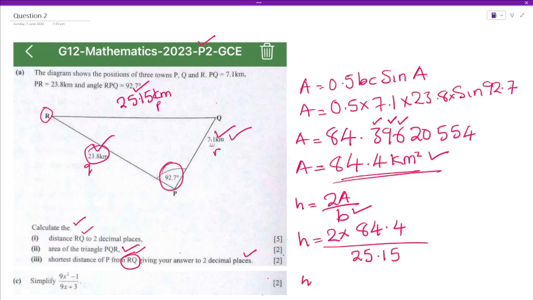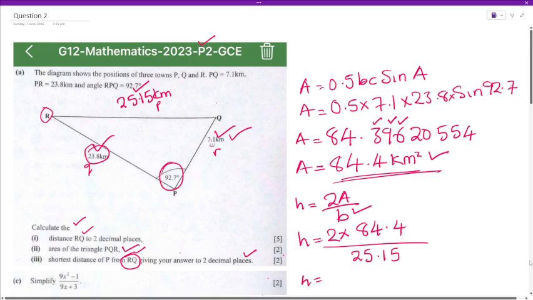25.15. When we solve, what do we get? So 2 times 84.4, what does that give me? It gives me 168.8. And then I say divided by 25.15.